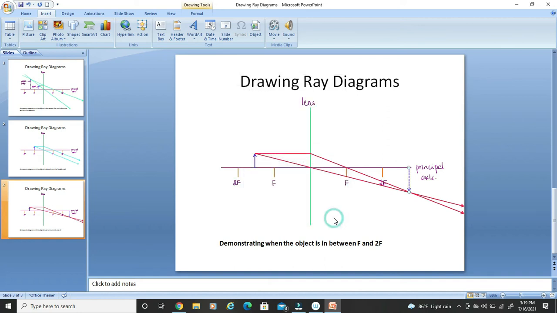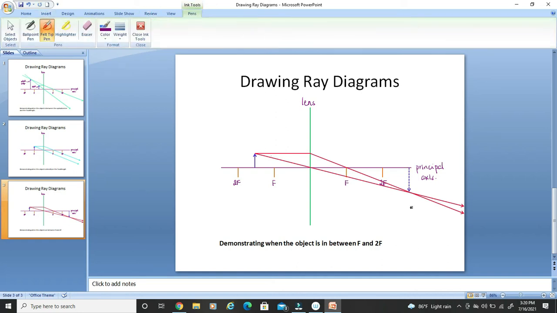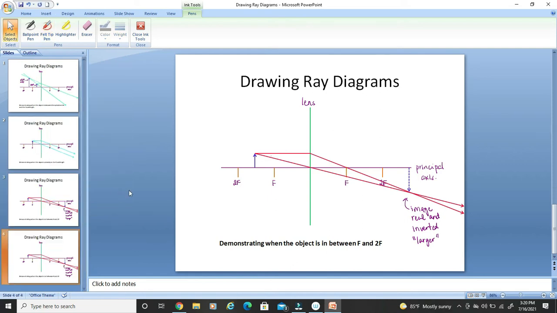Here the image is real, so once the image is upside down, as in inverted, the image is real. This image is something you would see formed by a projector.